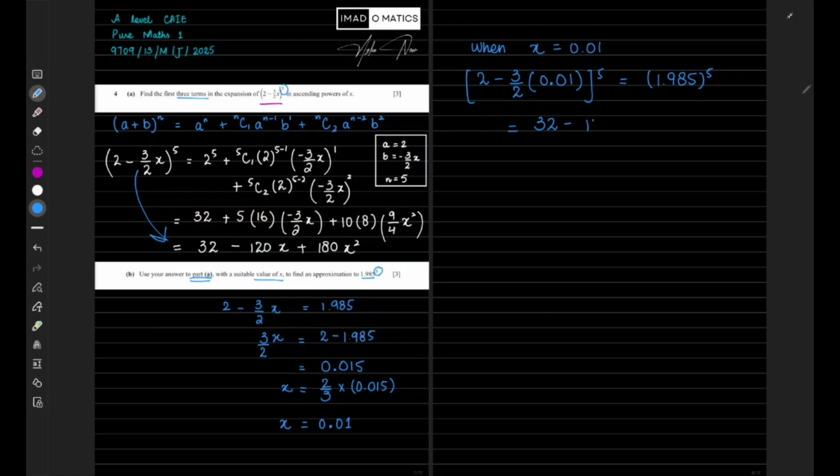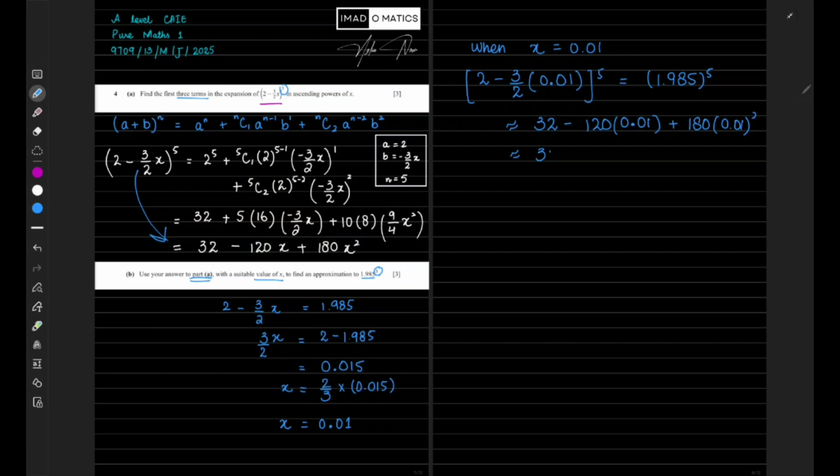32 minus 120 times 0.01 plus 180 times 0.01 squared. Instead of writing equals, it is an approximate value because we are just taking a few terms.